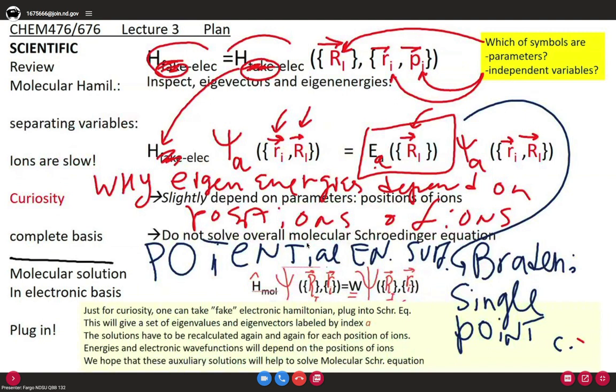One more thing. When we solve the Schrodinger equation, we get more than one solution, right? As is typical for differential equations. And this A will be the index of the solutions. When we take A equals 1 for the lowest possible energy, it will be the ground state. And this ground state energy will come up as a solution of the Schrodinger equation with slightly different values for each position of nuclei.